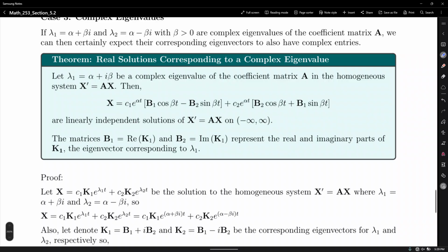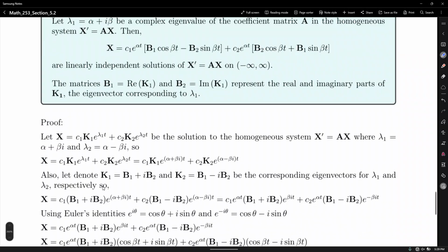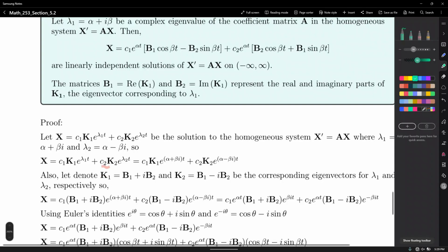And what is the proof for this formula? Well, I don't want to write the whole thing. I'm going to explain it as a matter of a presentation instead. Okay, guys. So let's suppose you get a solution of the form c1 k1 e to the lambda1 t plus c2 k2 e to the lambda2 t.